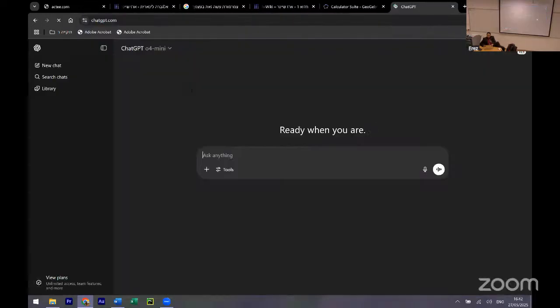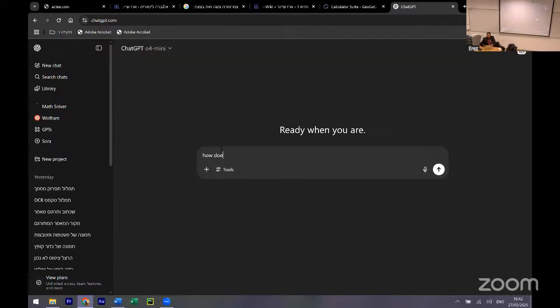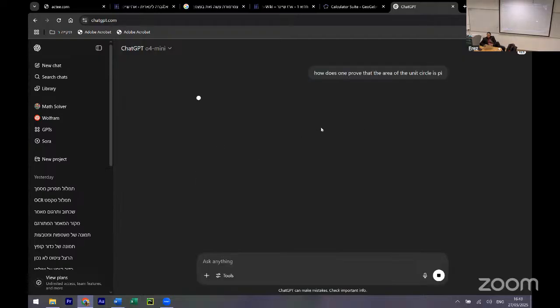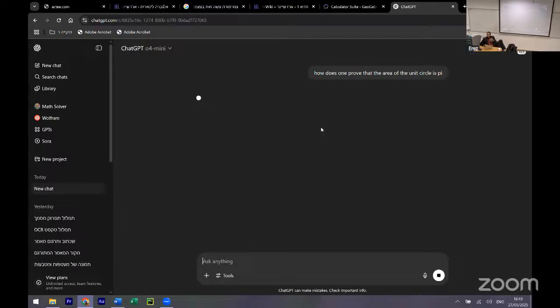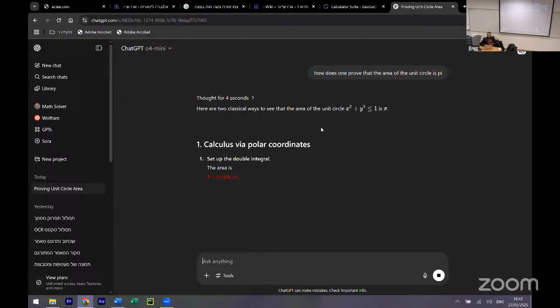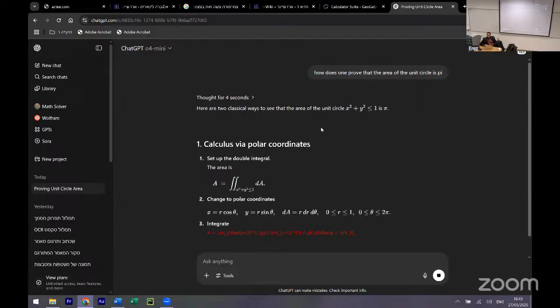And how does one prove that the area of the unit circle is pi? I'll try to do it quickly. But one thing that is funny about it is that it's usually a circular proof.